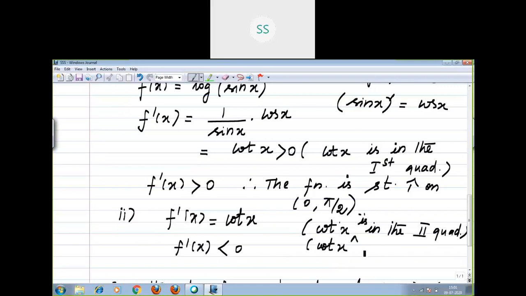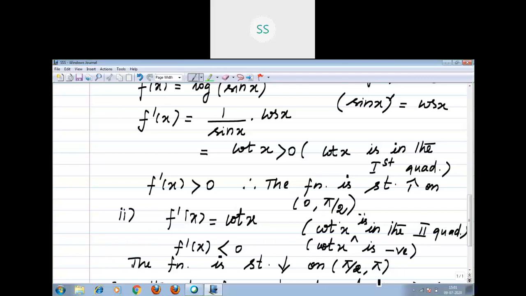Cot x is negative in the second quadrant. That means the function is strictly decreasing on open interval pi by 2 comma pi.